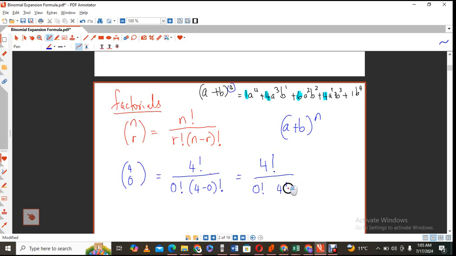Now we need to come up with what this is. What we said is that this is the same as 4 times 3 times 2 times 1. But we are counting down, so we have to say times 0. The moment you say times 0, everything on top will just be 0.